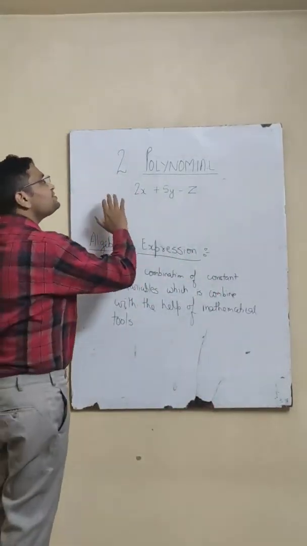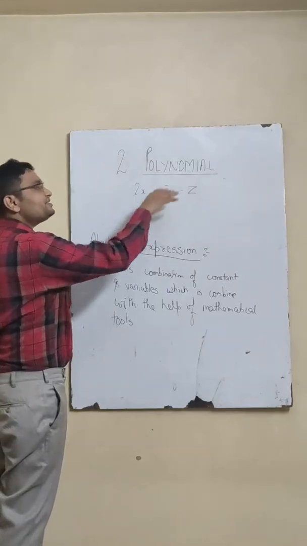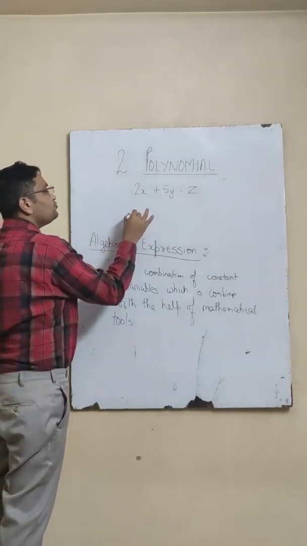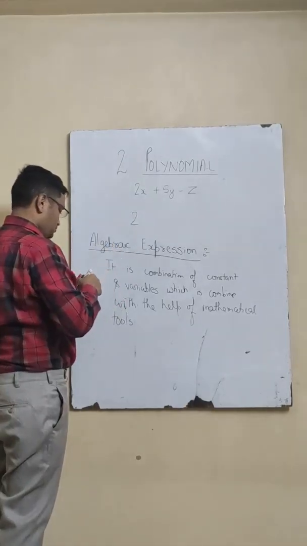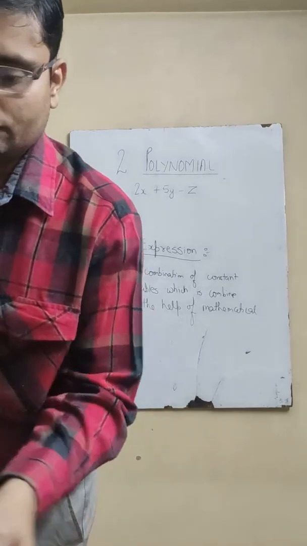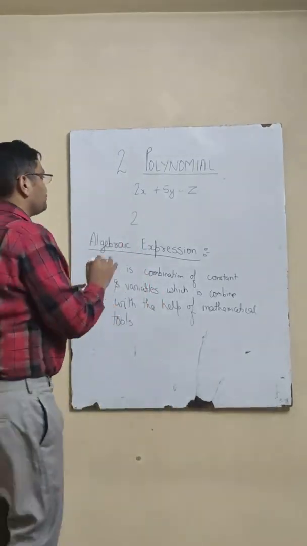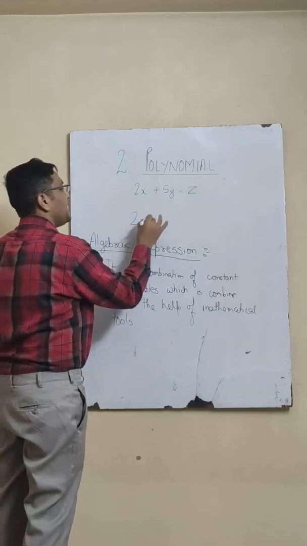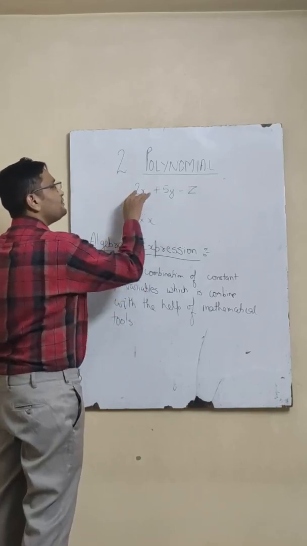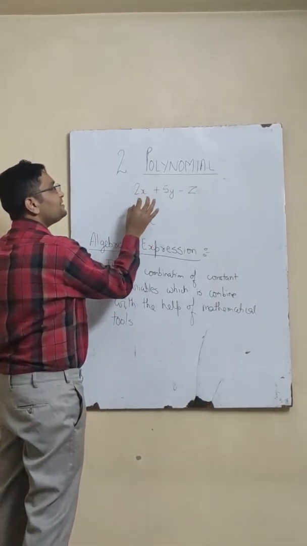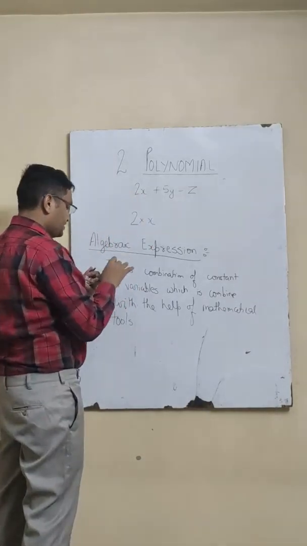When I split this algebraic expression, I can write it as 2 into x, because if there is nothing, then there is a multiplication sign.